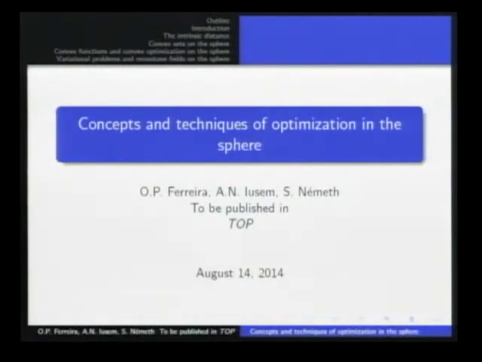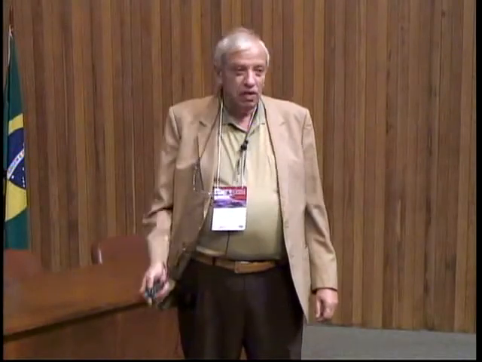in manifolds with positive curvature. So we decided to start with the sphere, because the sphere is the easiest one, and even there our results are very partial. That we knew in advance, so we don't have yet too many algorithmic results. We will practically do the very, very basic convex analysis on the sphere.